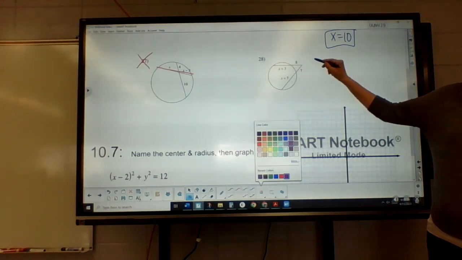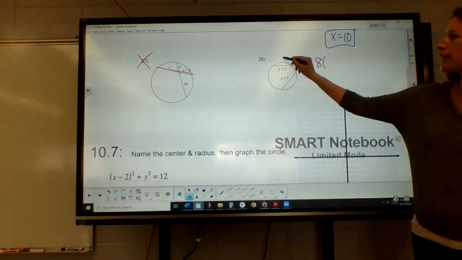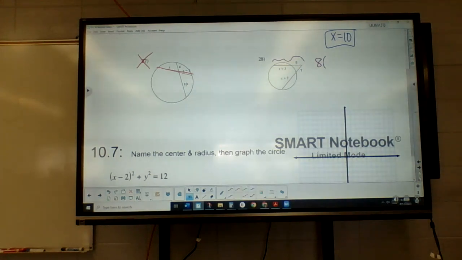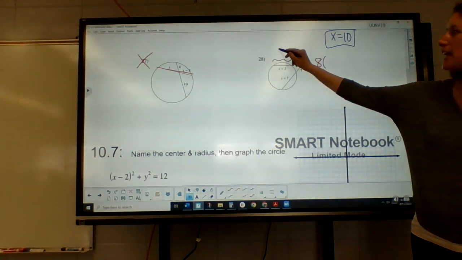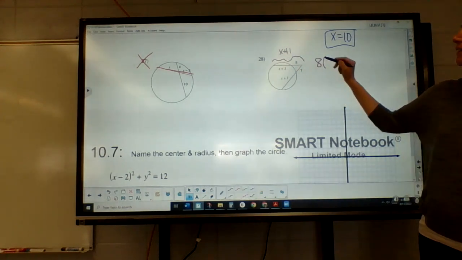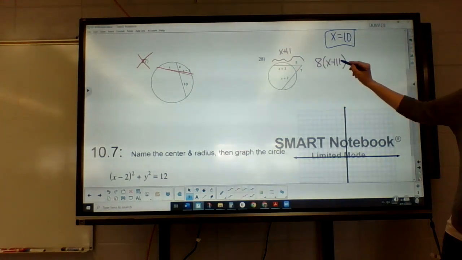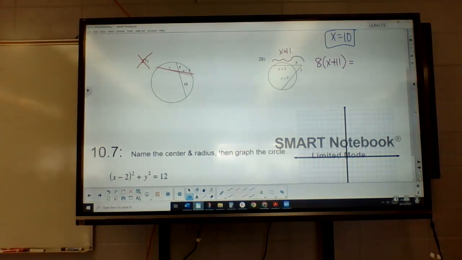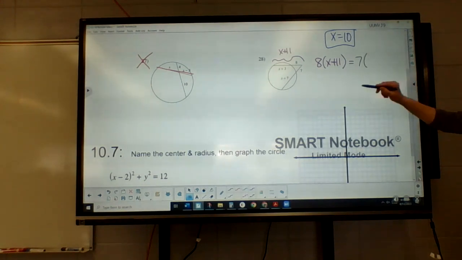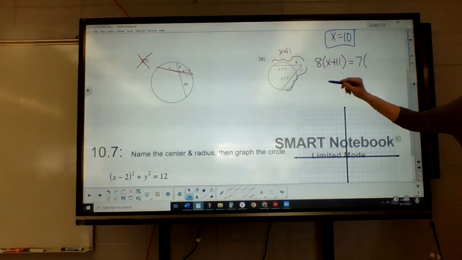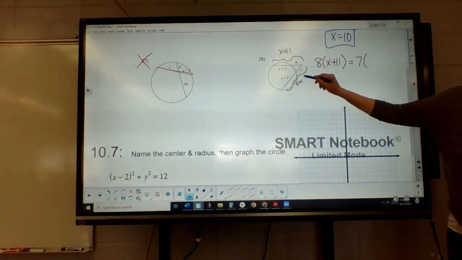So the little outside piece, but careful, it gets multiplied by the whole piece. So that's x plus 3 plus 8, so that's going to be x plus 11. Then the other way is going to be 7, and then again the whole thing is x plus 14. 7 and 7.